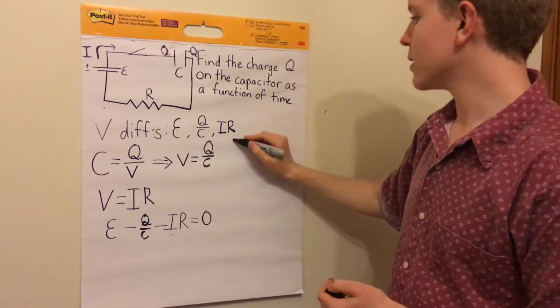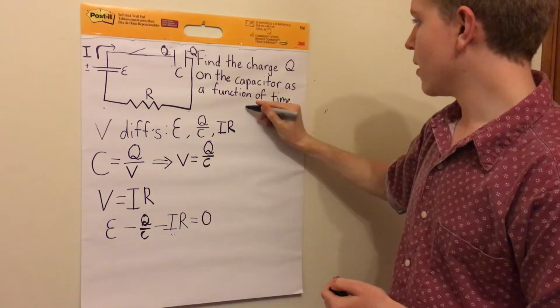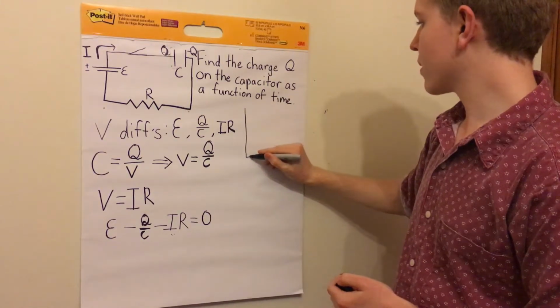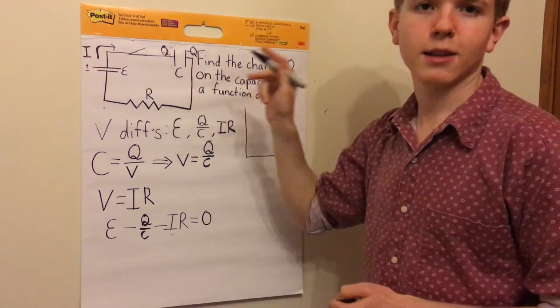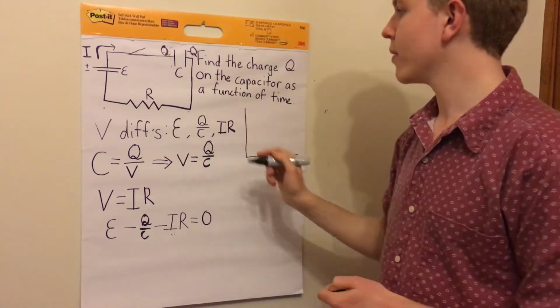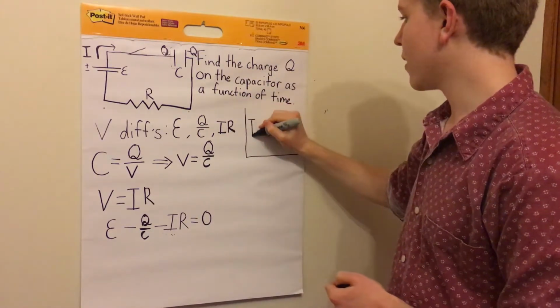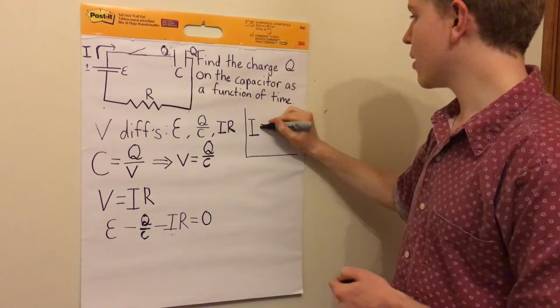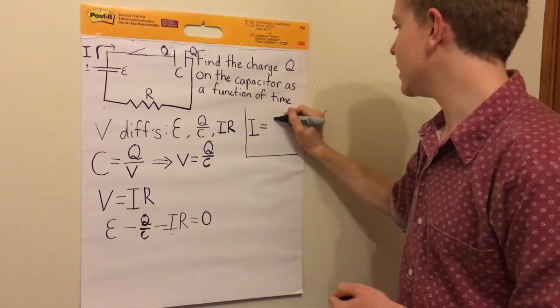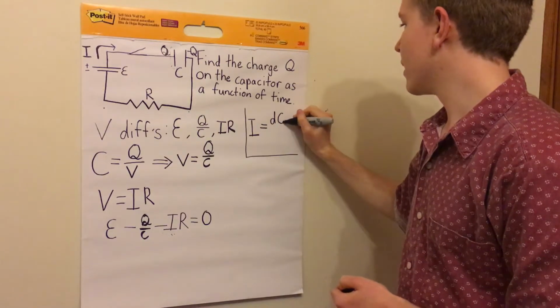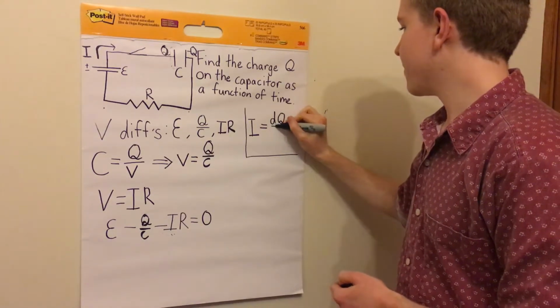So what does that mean? Well, let's write it in a different little box up here. It means that the current I is actually the rate of change of Q. So I equals the rate of change of Q, which we can write as dQ/dt.